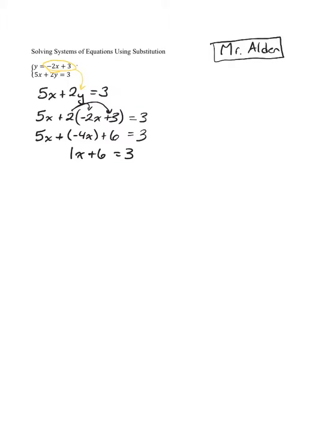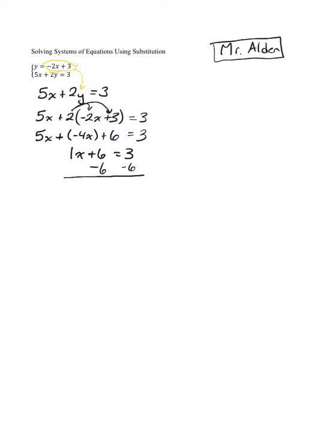Now I can start eliminating terms. So I'm going to subtract 6 from both sides. And the reason I chose the 6 is because it is on the same side as my variable. And remember, our variable is kind of like that moody middle school student. It wants to be all by itself. So it wants to have all those other things out of its room.